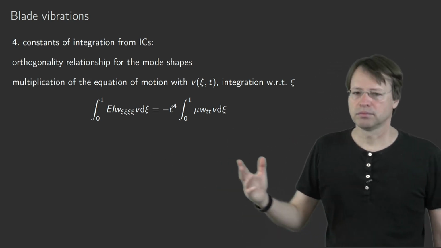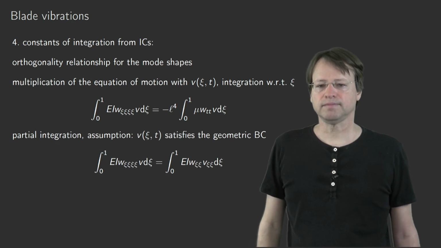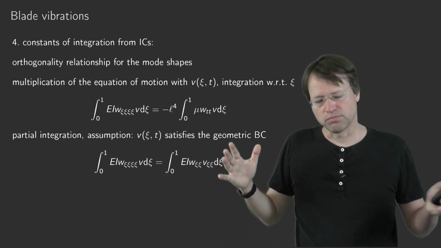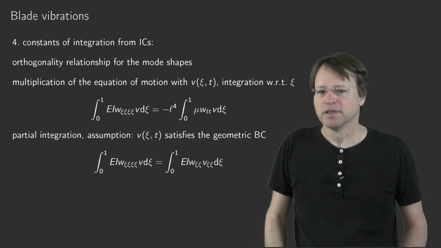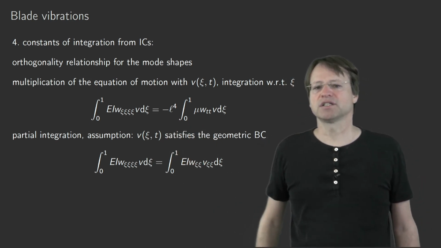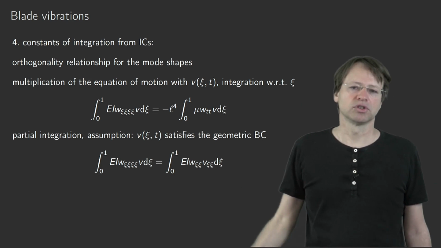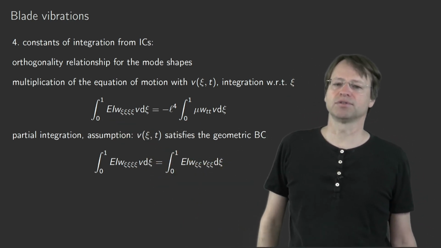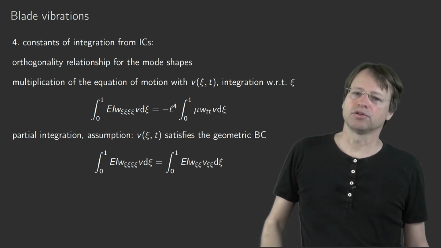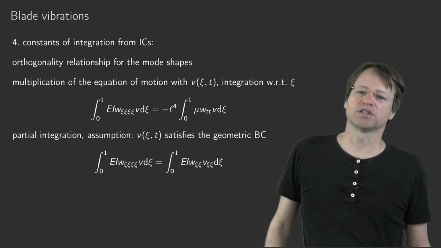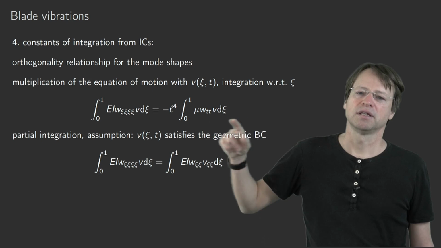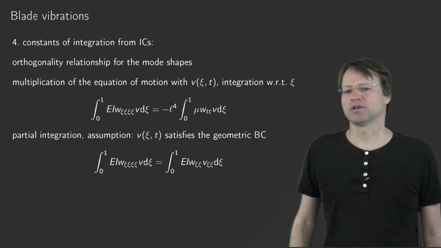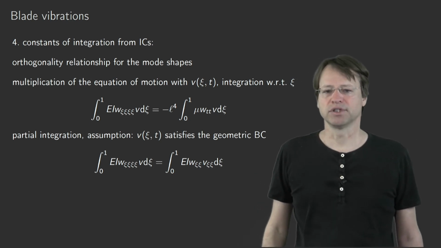Therefore, we just put that the space of functions v is then shrunk to those functions that satisfy the geometric boundary conditions of our problem, so the two boundary conditions at psi equal to 0. So we cannot use any function v here, but just a function that satisfies this additional condition, namely the geometric boundary conditions at psi equal to 0.